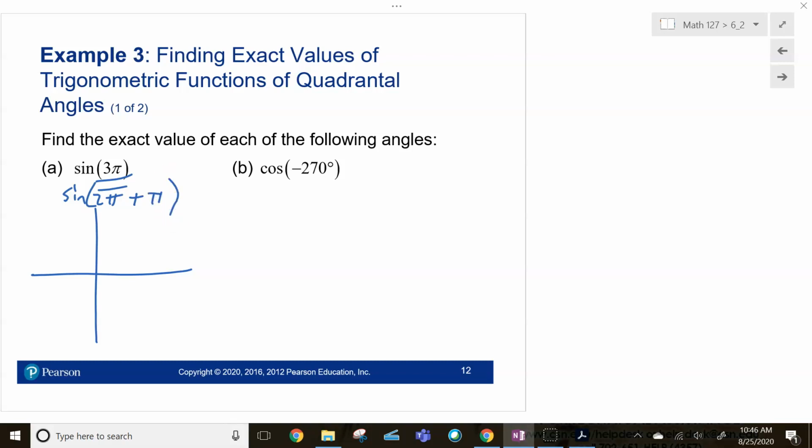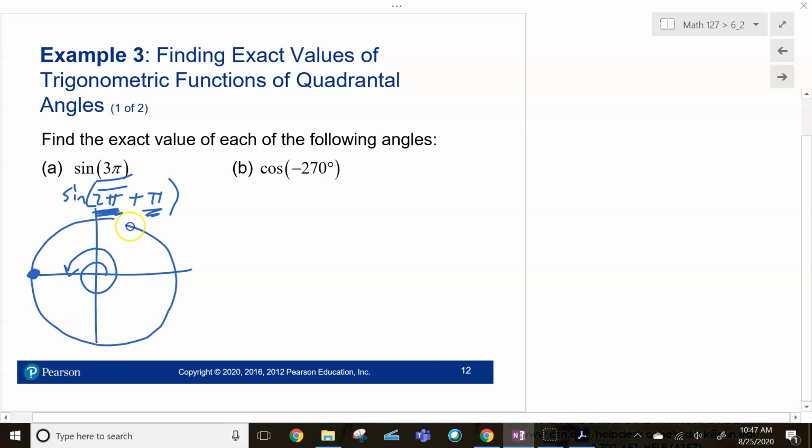So I go around a full revolution and another half revolution. So I go around once, there's 2 pi, and then pi more. So I'm right here on my unit circle, the point -1, 0. And I ask, what's the y value? It's just 0.